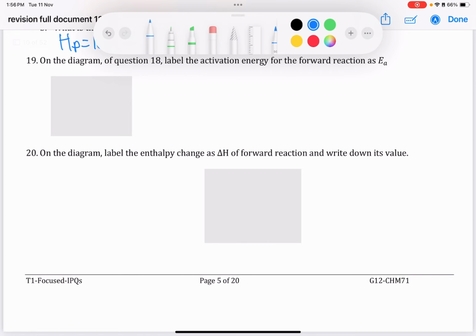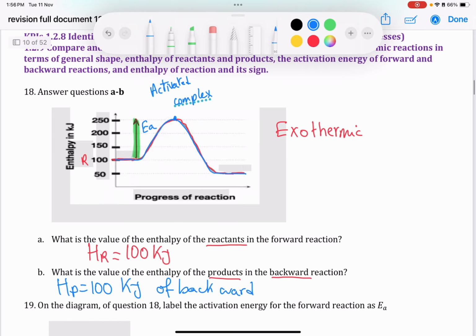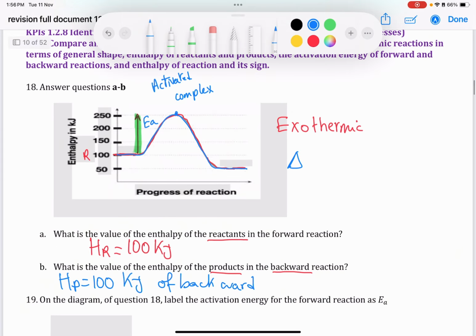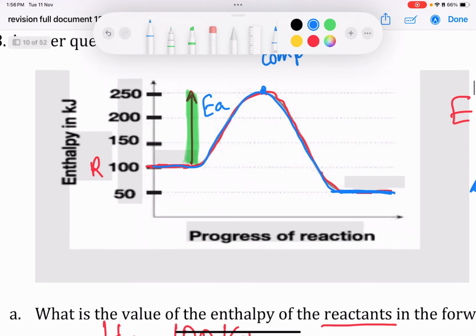On the diagram, label the delta H of the reaction and write down the value. Delta H is the difference between the enthalpy of product minus the enthalpy of reactants. Final minus initial.